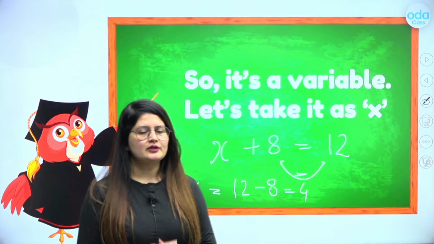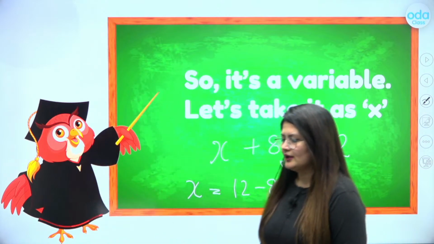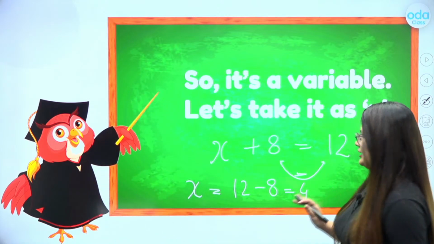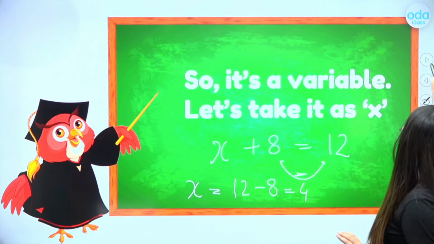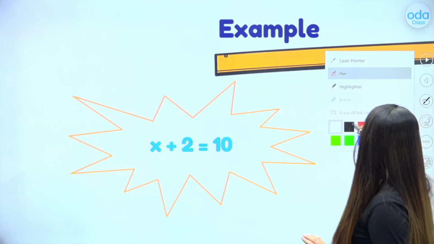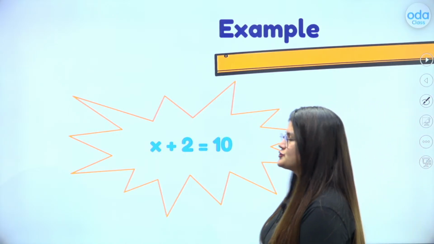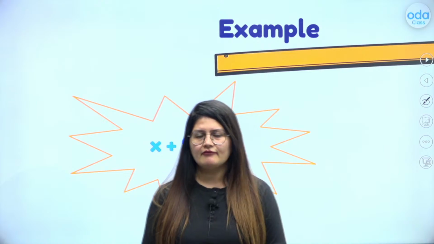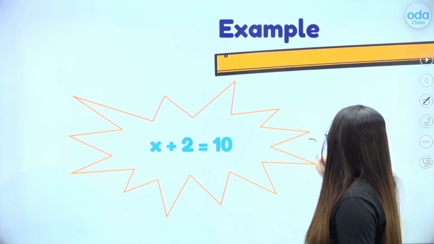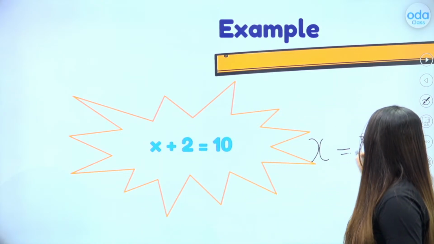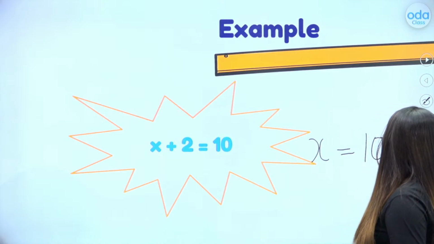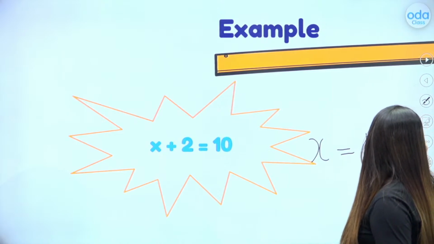Now let's have one more question, where again we are going to find the value of x. So we have x plus 2 equal to 10. If we have to find the value of x, we will do what? We are going to subtract and do 10 minus 2.